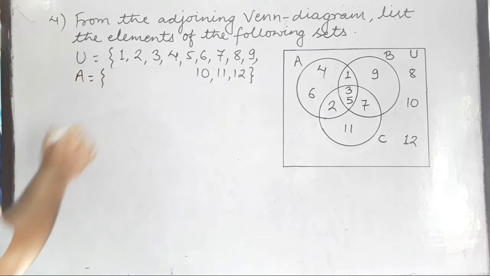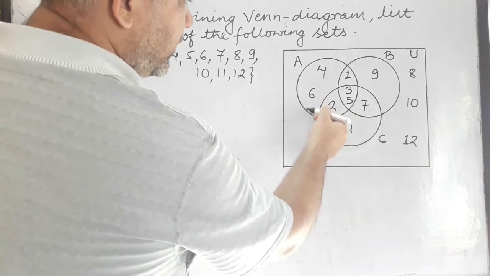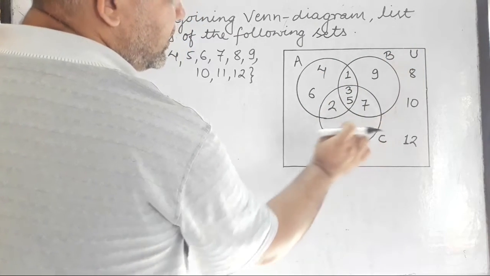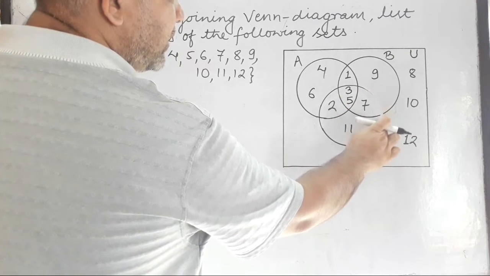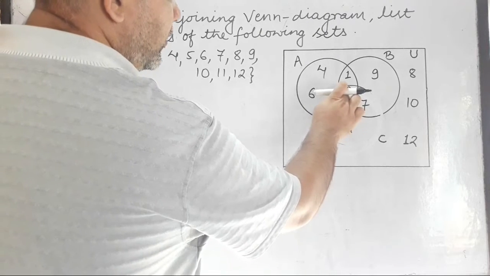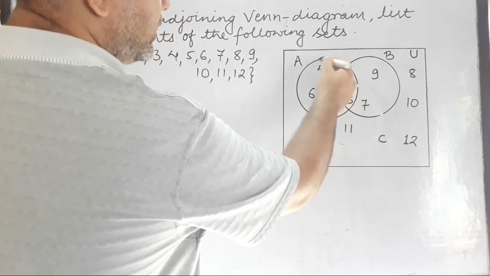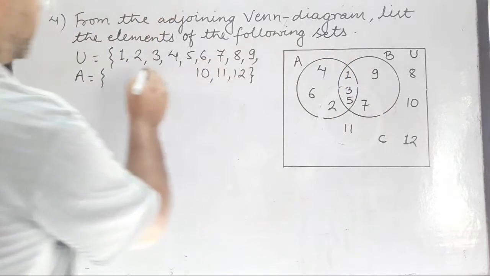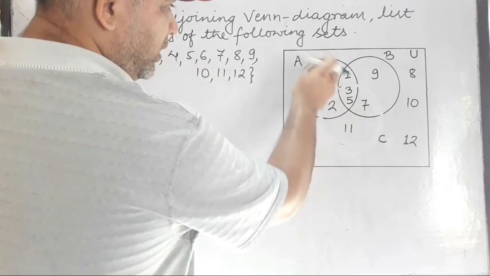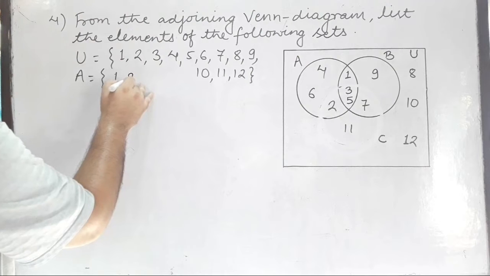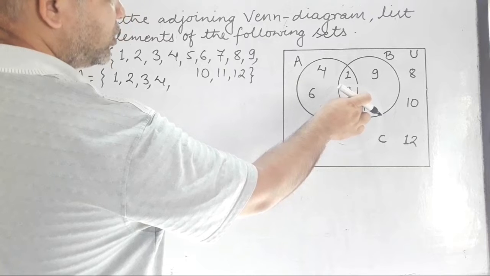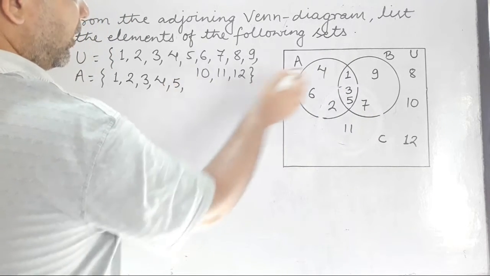Now the elements of set A, let us see inside this circle. Ignore the part of B and C, only see the elements inside the circle A. Inside the set A, what are the elements? 1 belongs inside the set A, 2 also belongs inside set A, 3, 4, 5 also belongs inside set A, and 6.